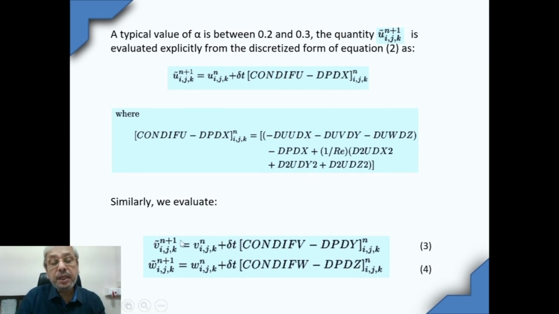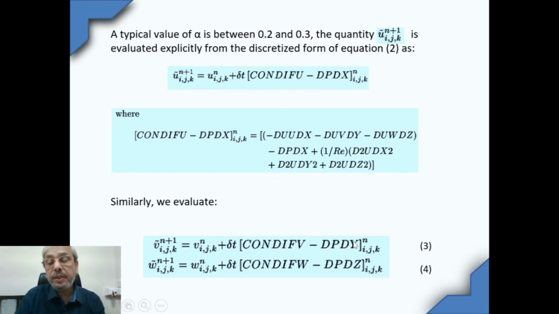Similarly, v velocity and w velocity can be provisionally advanced at every point. They will follow the same convective kinematics, diffusive laws and the effect of pressure gradient. Instead of condiff u, this will be condiff v, the convective and diffusive terms of the v momentum equation, and dp dy instead of dp dx.